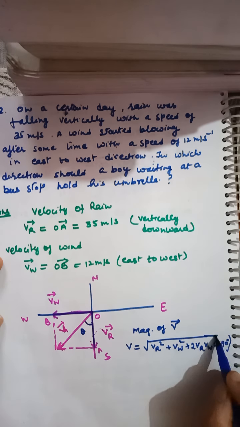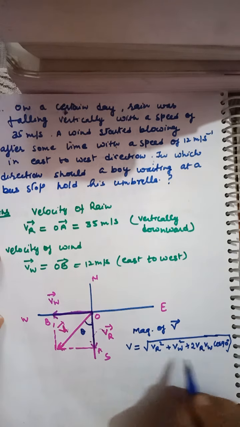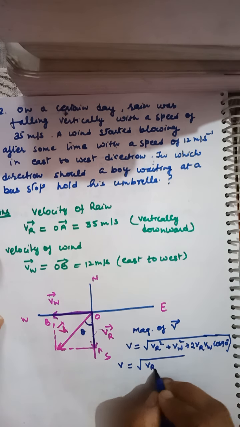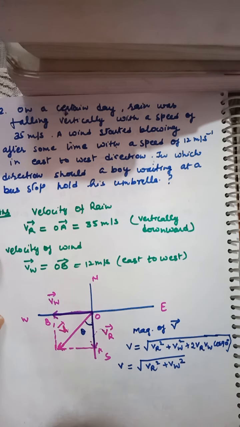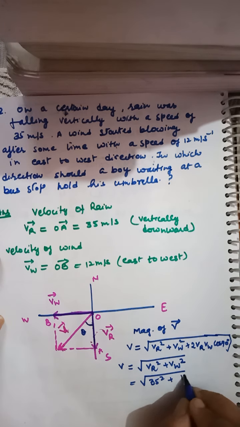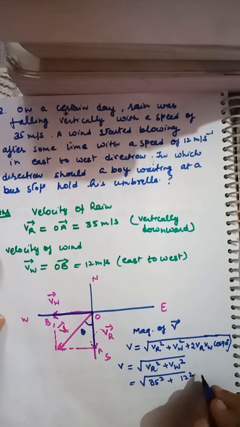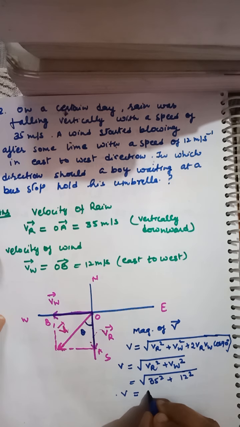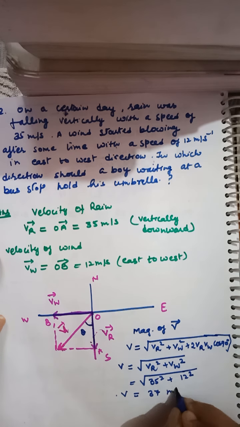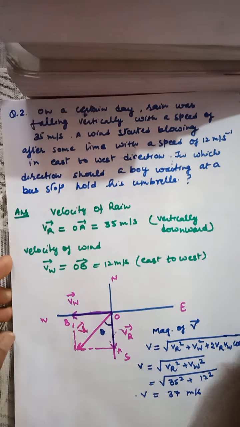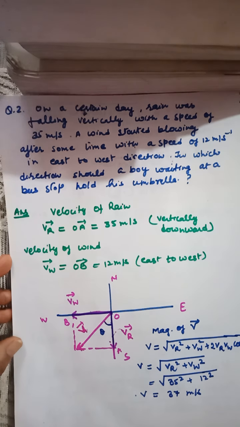Now cos 90 is 0, so V is equal to under root of VR square plus VW square. Now substitute the value. VR is given 35 whole square, and VW is given 12 whole square. When you solve this, you will get the value of V as 37 meter per second.